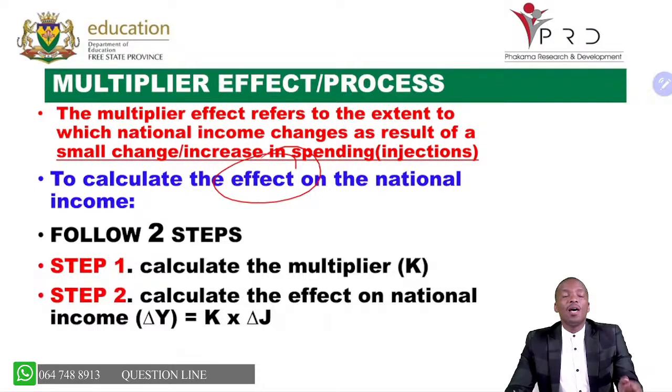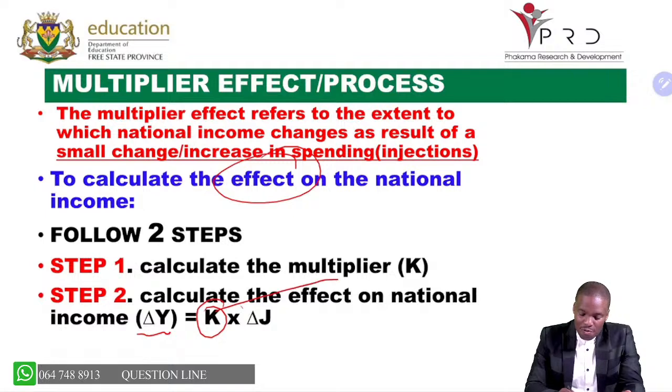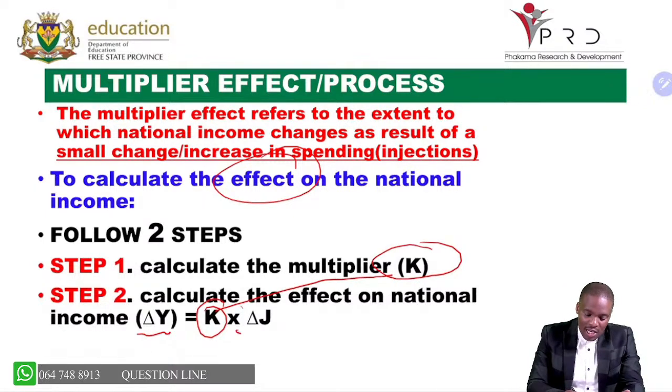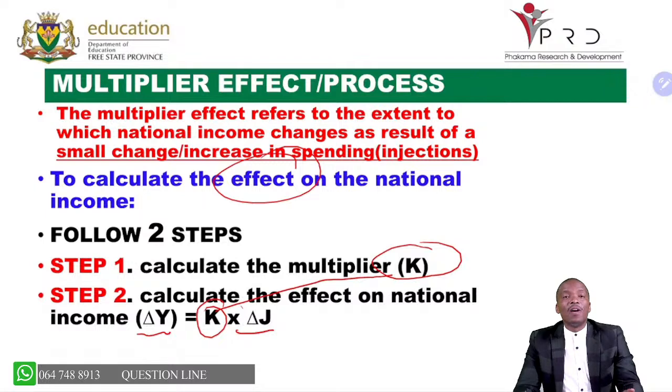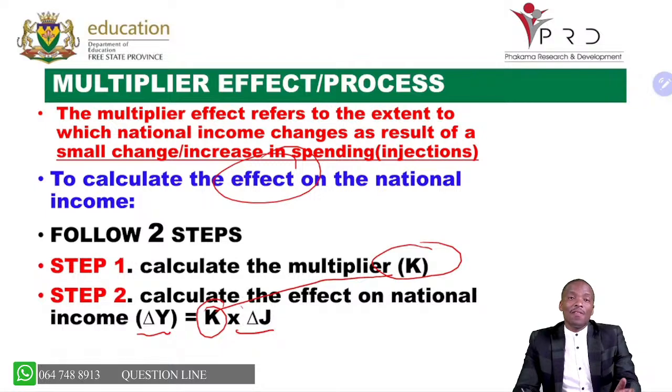Then step number 2, that's when you calculate the multiplier effect, where you say change in income is equal to k, which we've already calculated, multiplied by the change in J, which will be given. So step 1, calculate the multiplier. Step 2, calculate the effect.